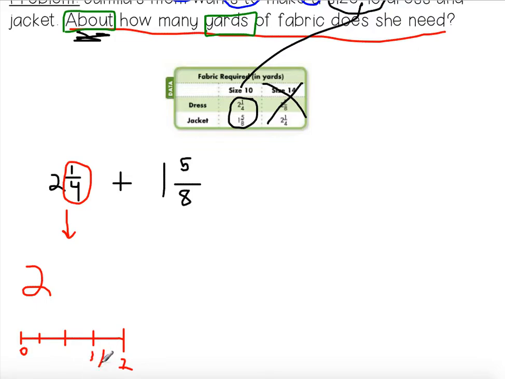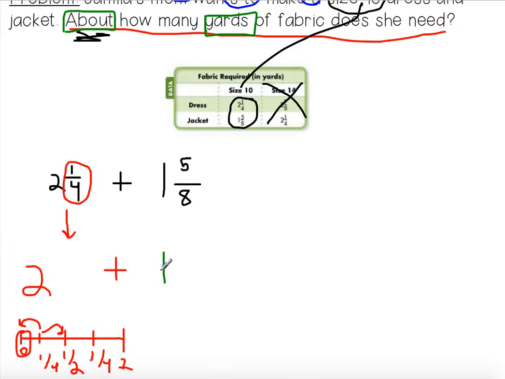So you could say that 1/4 is closer to 1/2, or you could say it's closer to 0 because it's an equal distance between them. But to make it easier to work with, I'm just going to say it's closer to 0 and estimate this 2 1/4 to 2.